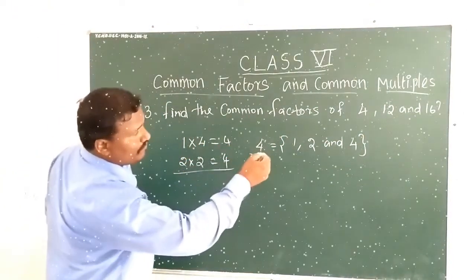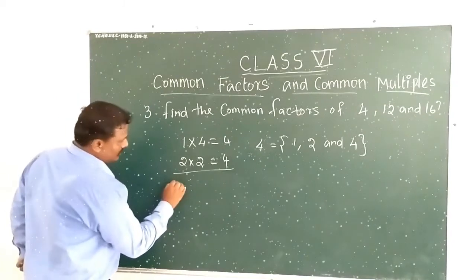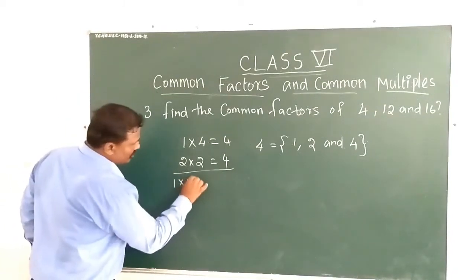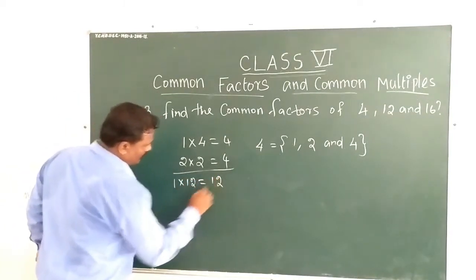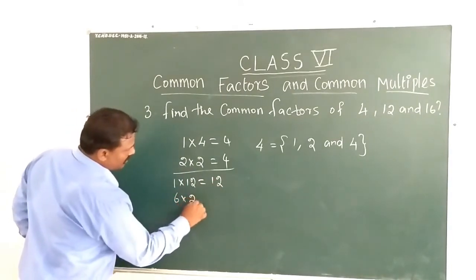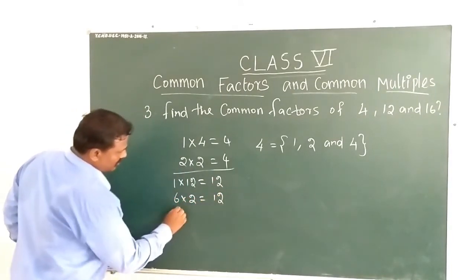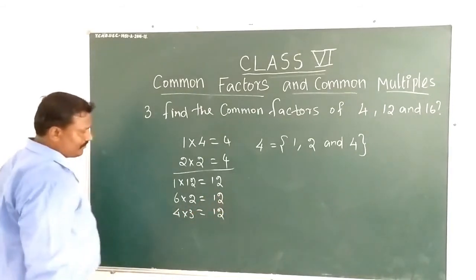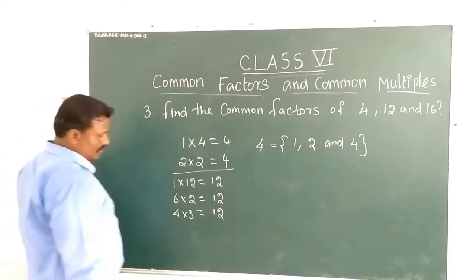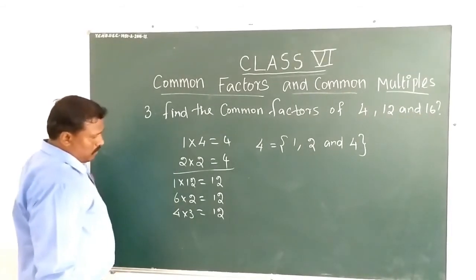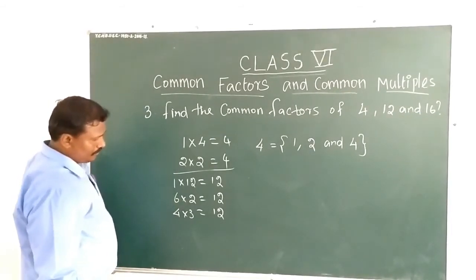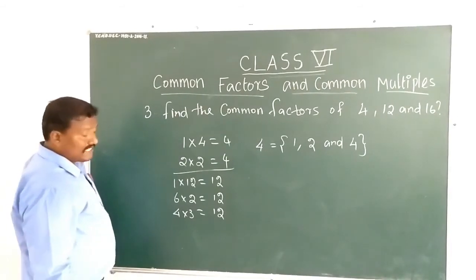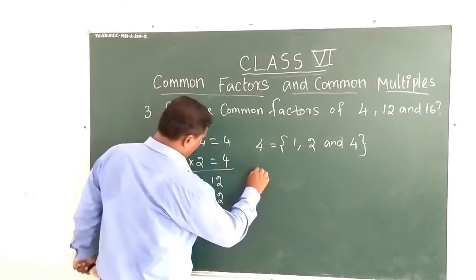Next we have to find the factors of 12. So 1 12 is equal to 12, 6 2s are 12, 4 3s are 12. So these are the factors of 12.